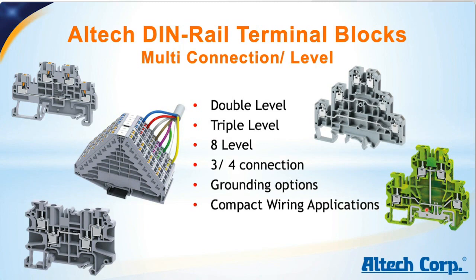So you can have 3, 4, 5, 6 IOs within one terminal block, and there are usually different solutions depending on available height or width of panel space. For example, a 4 connection terminal block, as you can see down here, with 2 in, 2 outs. Technically, it is the same as a double level terminal block, which is shorted in the center.